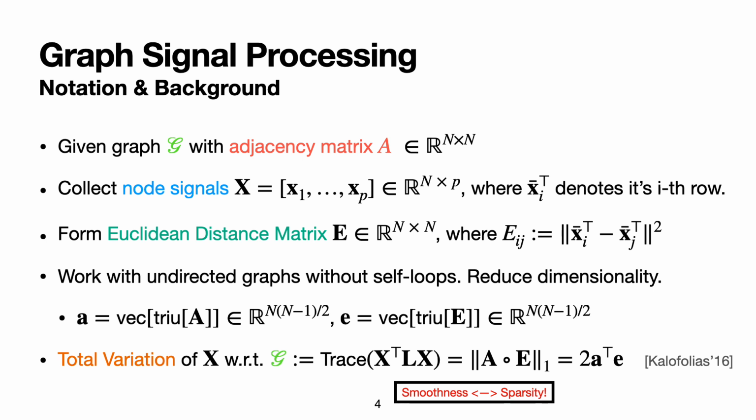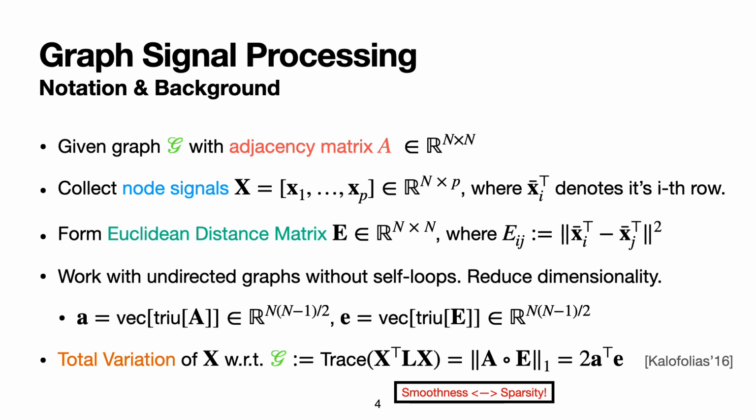The last concept we need to introduce is the total variation of our signals X with respect to some graph G. Intuitively, this is a non-negative real number, which provides a measure of smoothness of the signals on the graph. It's defined as the trace of X transpose L X, with L being the Laplacian matrix.